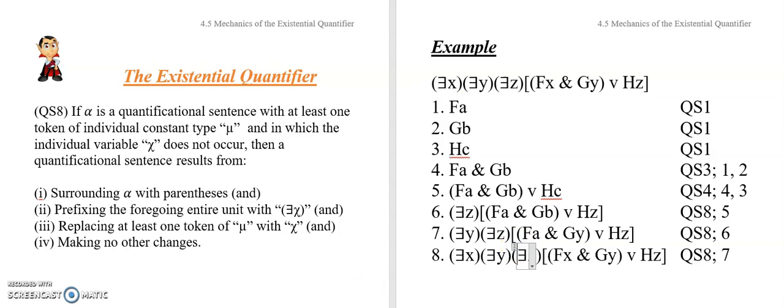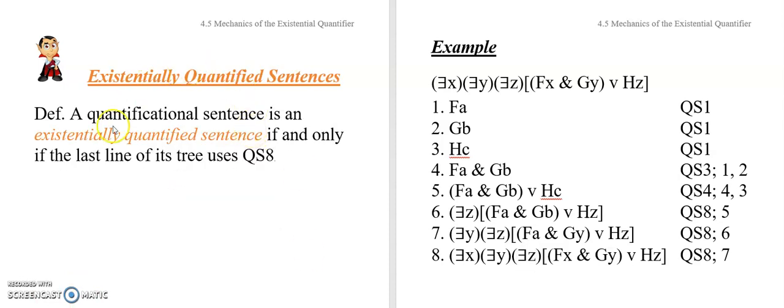Okay, last concept for today is the formal definition of what an existentially quantified sentence is. So let's take a look at that. No surprises here with the definition of this concept, all right? It follows what we did for a universally quantified sentence. So in addition to your negations, your conditionals, your biconditionals, your disjunctions, your conjunctions, and your universally quantified sentences, you also now have this fundamental type of sentence, the existentially quantified sentence.